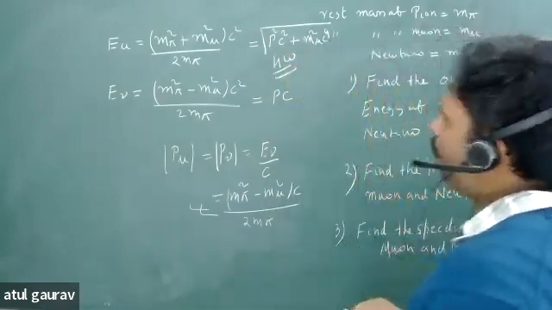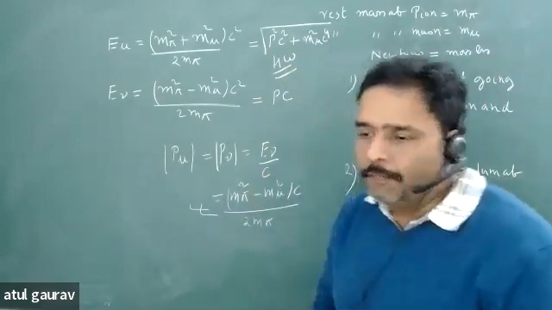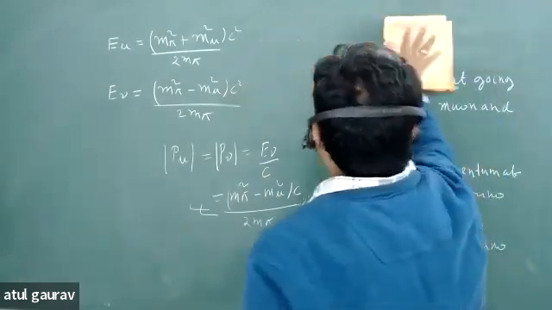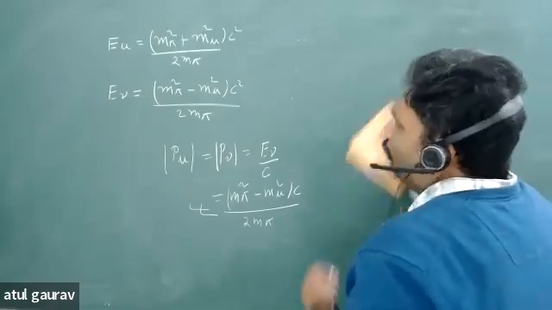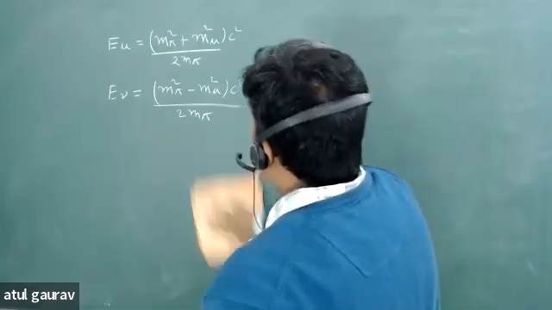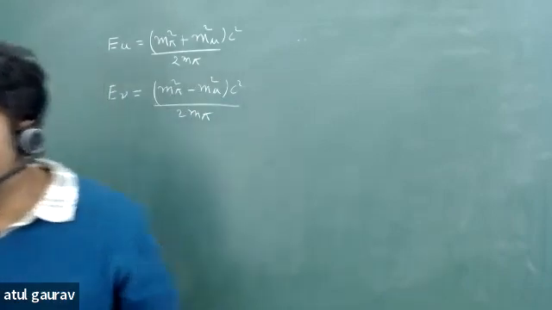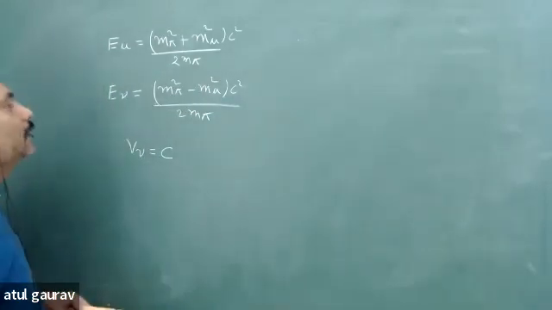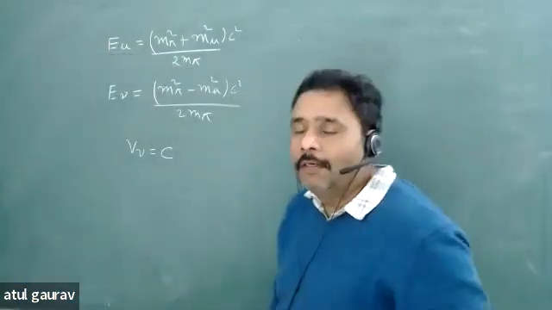Okay. Now, in both cases, you have this sort of momentum. Now, let's go for calculating the speed of a particle. What will be the speed of neutrino? C. Very good. So V nu is equal to C. And what will be the speed of muon?